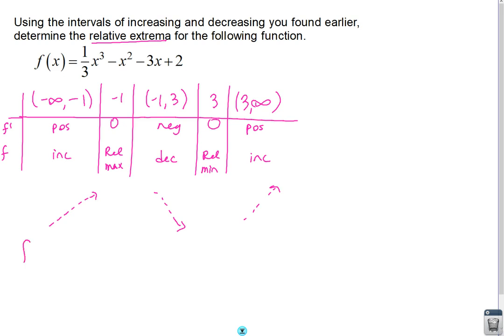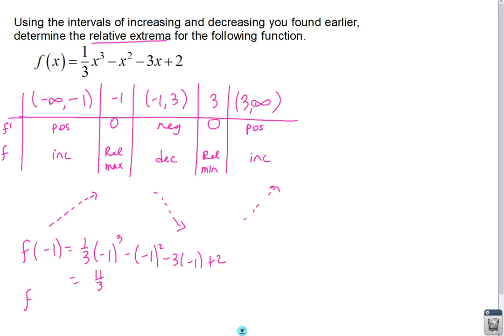So let's plug these in. Let's find what is f of -1. So 1/3 times -1 cubed minus -1 squared, I jumped ahead there, but -3 times -1 plus 2. So you're going to have 1/3 times -1 plus 3 plus 2. I'm going to do some fancy math here and tell you that that's 11/3.